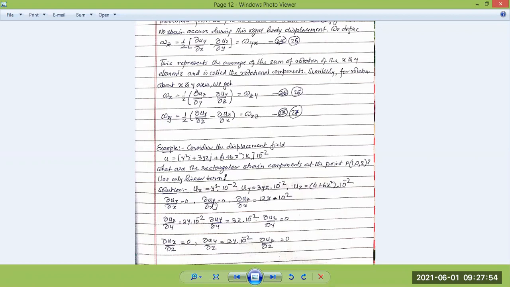So if we differentiate, delta ux by delta x will be equal to 0 because there is no x term here. Delta uy by delta x is again equal to 0. There is no x term here, but delta uz by delta x will be equal to 12 into x into 10 to the power minus 2.